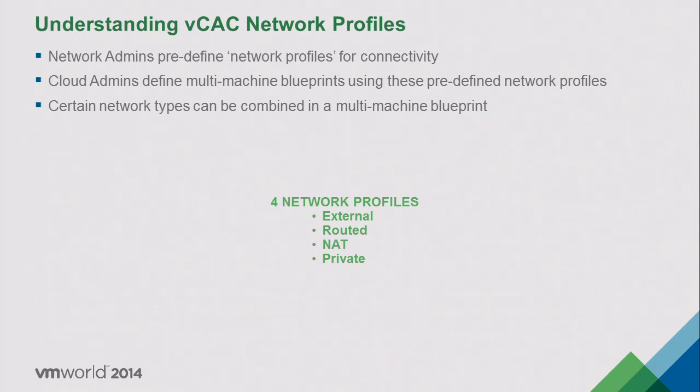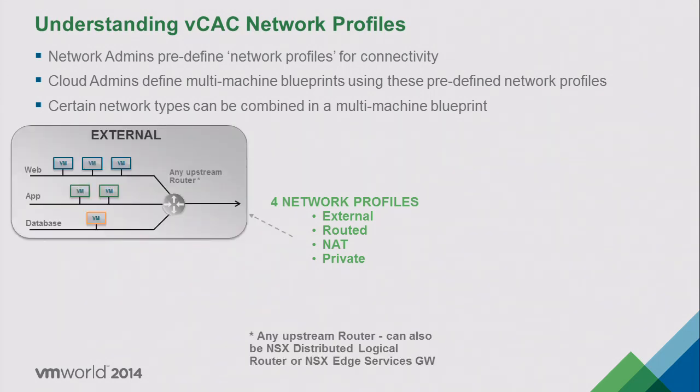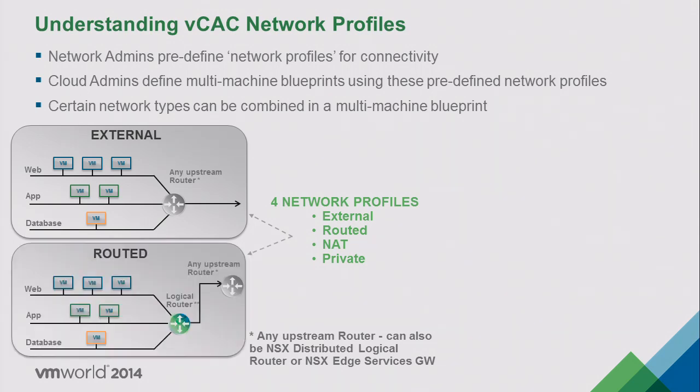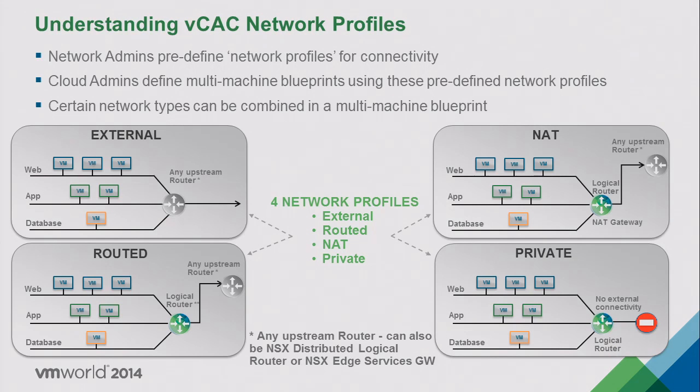So first, we have 4 types of network profiles. We have external networks that really map to pre-existing networks that are already configured in the environment. And we have these 3 dynamic networks: routed, NAT, and private.